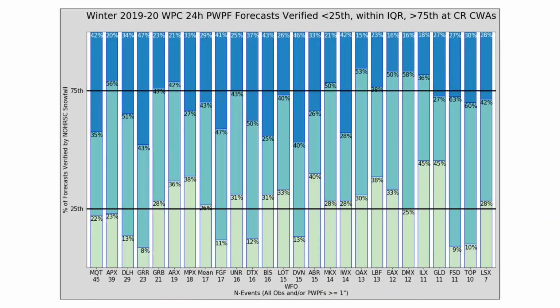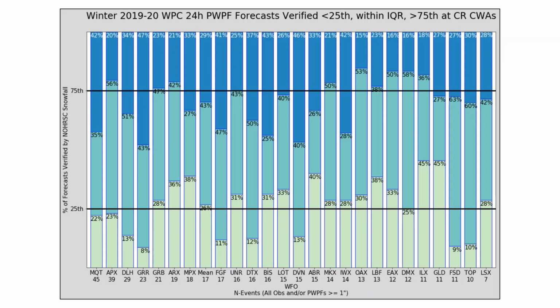So we're going to start looking next at a breakdown of the probabilistic winter precipitation forecast from WPC. These are the input values for the prob snow. And so the question you ask here is, for an observed snowfall event, a 24-hour snowfall event ending at 12Z, where did that snowfall event fall within the ensemble distribution in the PWPF?